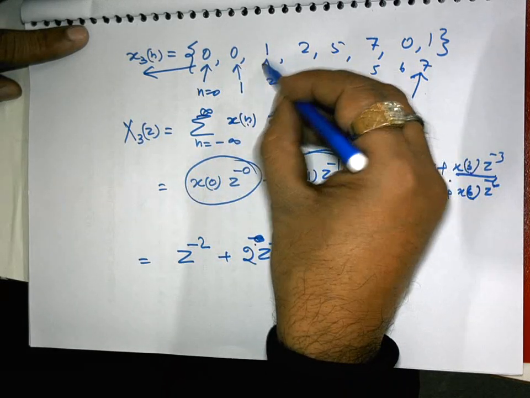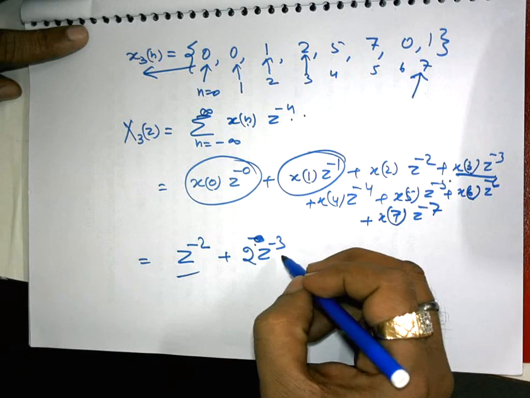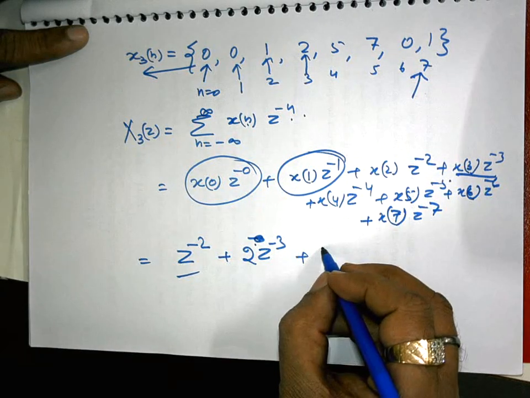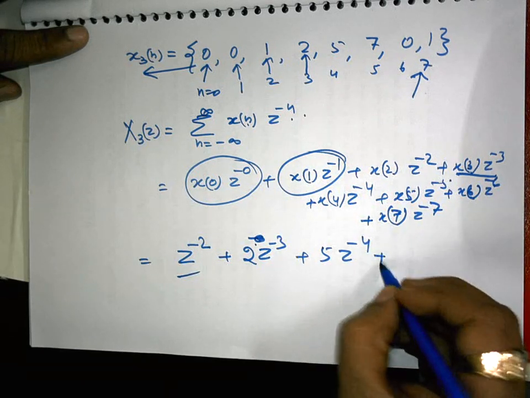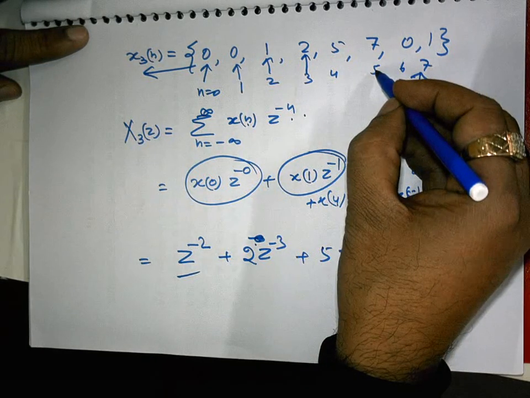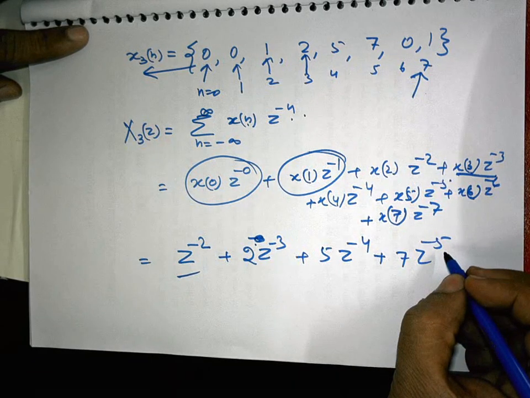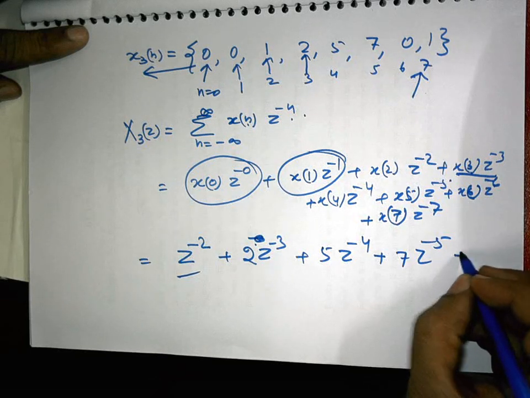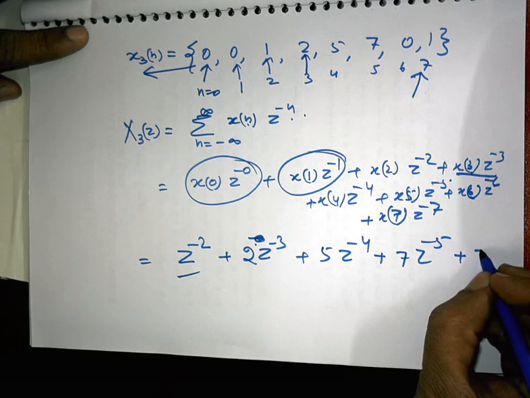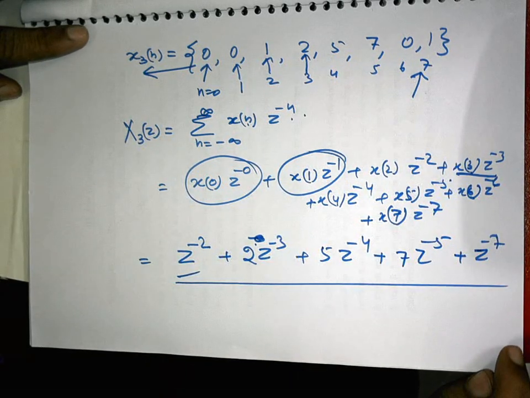So this is 1 z to the power minus 2, plus 2 z to the power minus 3 plus 5 z to the power minus 4 plus 7 z to the power minus 5 and 0 z to the power minus 6 and 1 z to the power minus 7. So this is your Z transform.